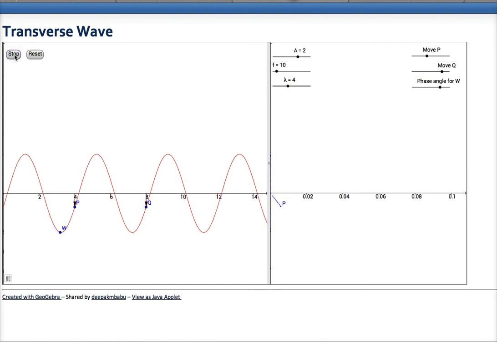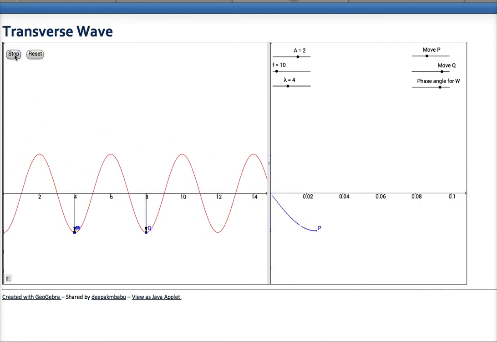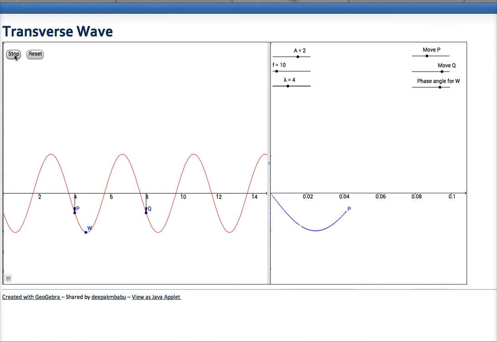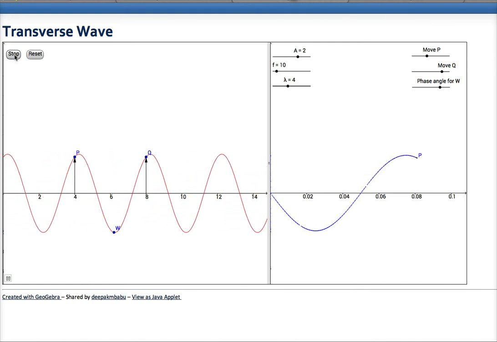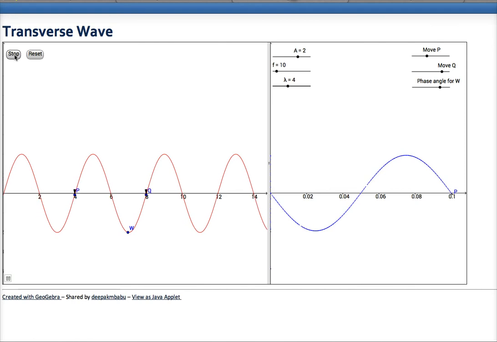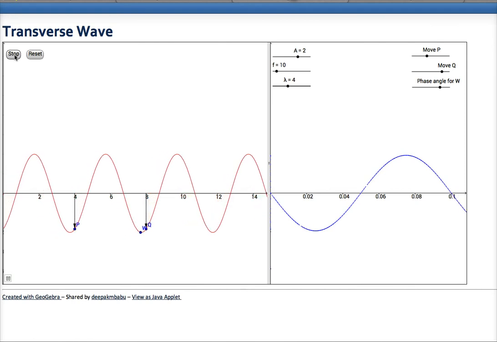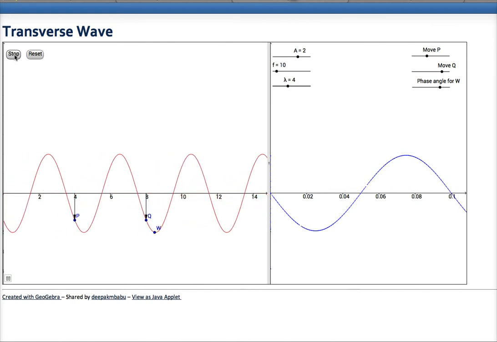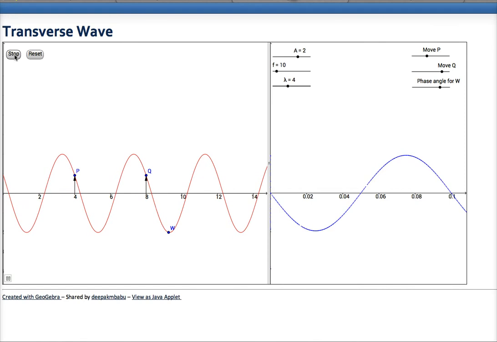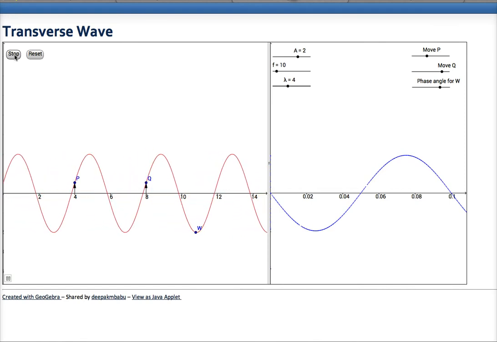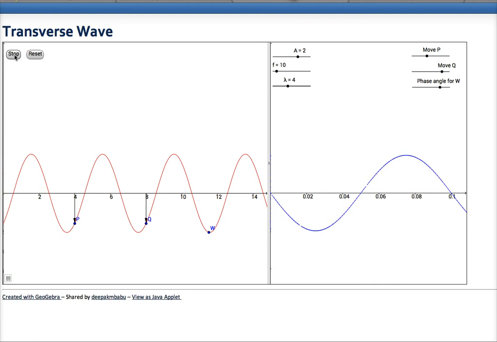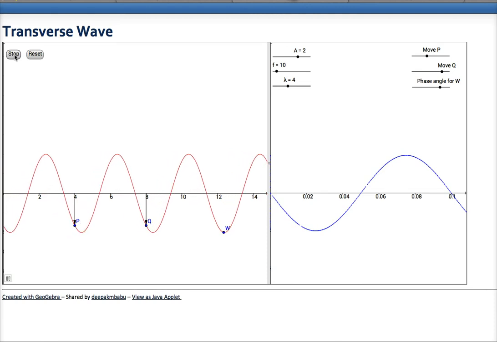Here we go. Rest of you, is it clear that they are in phase?